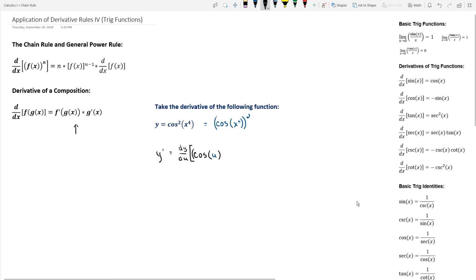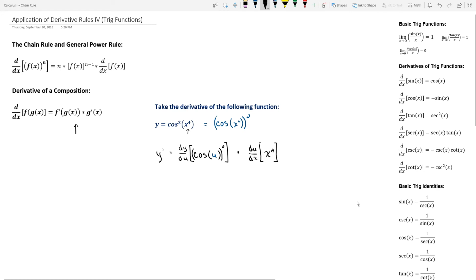And I have to put these parentheses here to designate that I'm actually taking the square of the entire thing, and then multiplied by d of u with respect to x. And then I can place that inside term, so I can say x to the fourth. So in doing that, I also need to designate, okay, well, what is u?